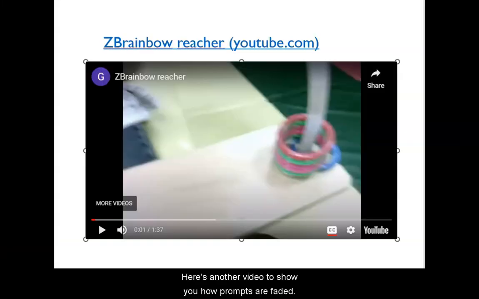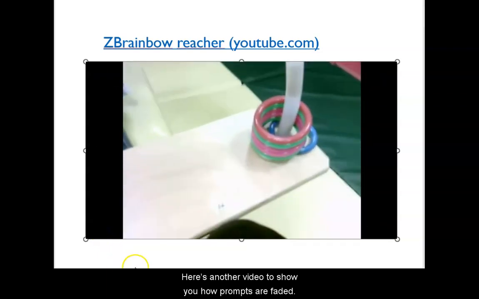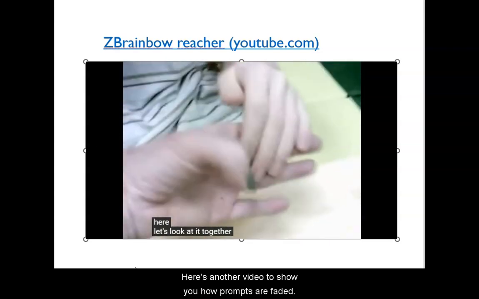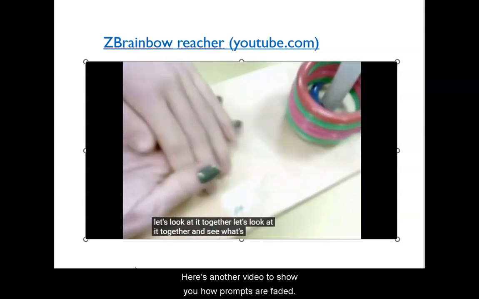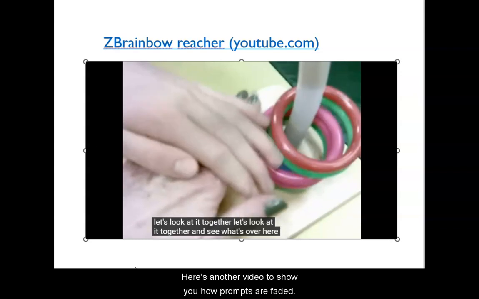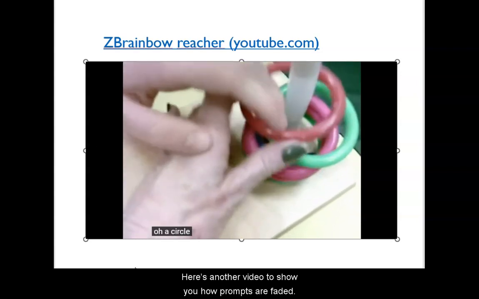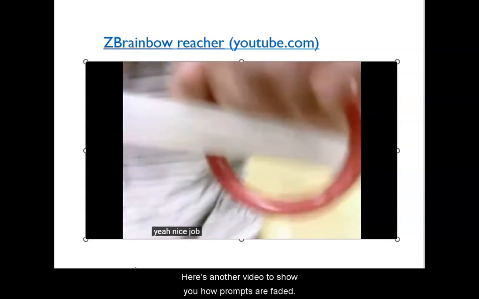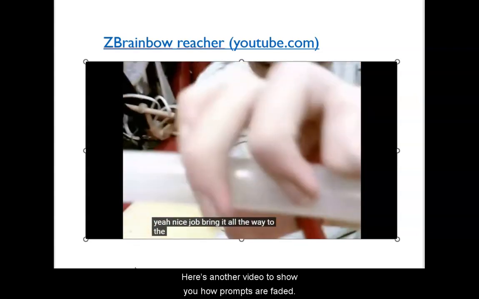Here's another video to show you how prompts are faded. Here, let's look at it together. Let's look at it together and see what's over here. Oh, a circle. Yeah, nice job. Bring it all the way to the other side.